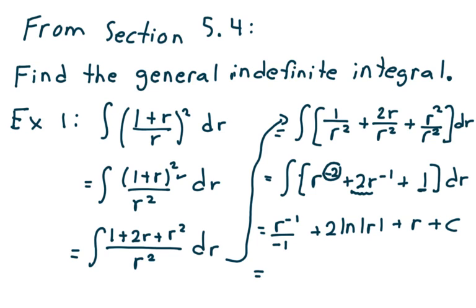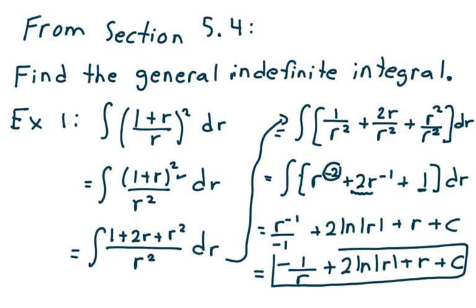And then if I just take it one step further, I get negative 1 over r plus 2 natural log of the absolute value of r plus r plus c. So we're looking for a family of functions whose derivative is 1 plus r over r to the second power. So that's example 1.